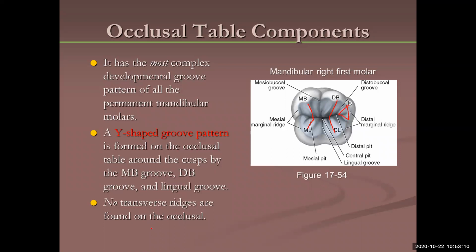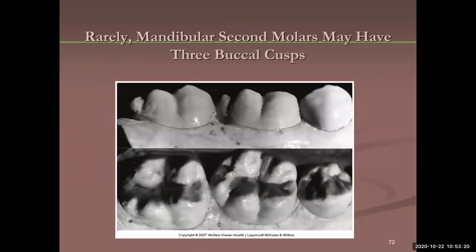So the books don't even agree. Occasionally, you can have 3 buccal cusps on a second molar. So this is the first molar and this is the second molar. It's an anomaly.